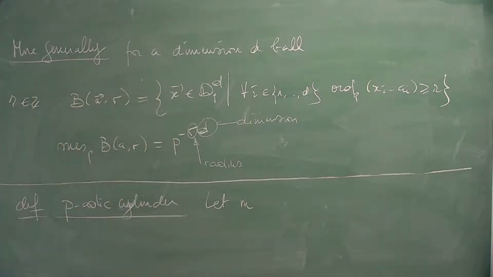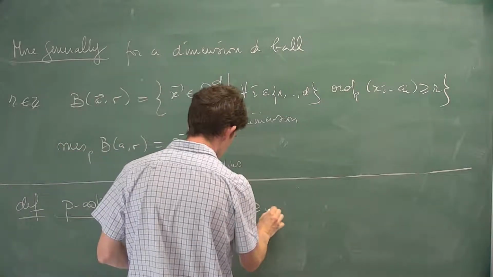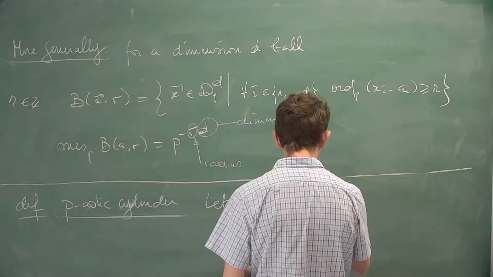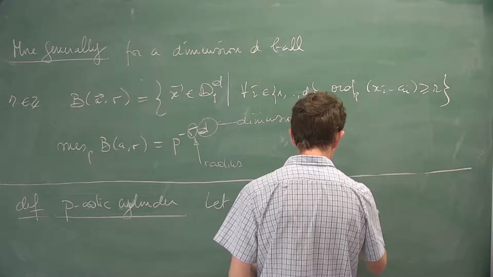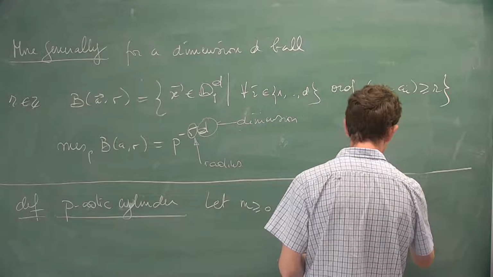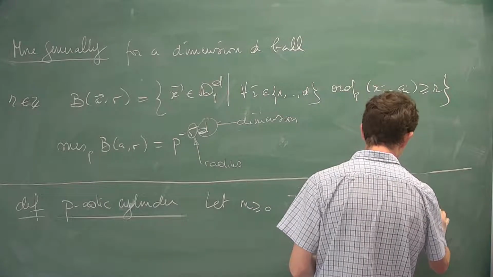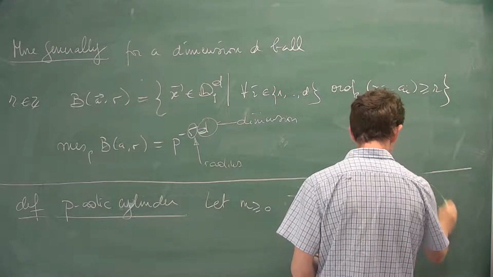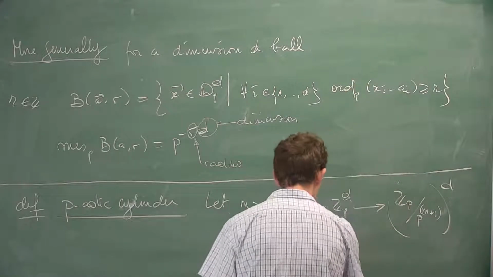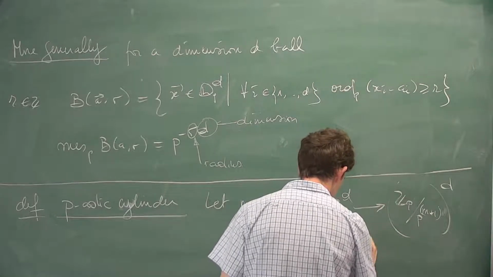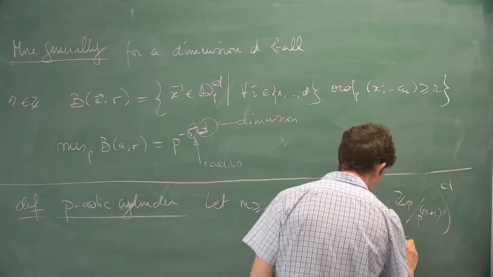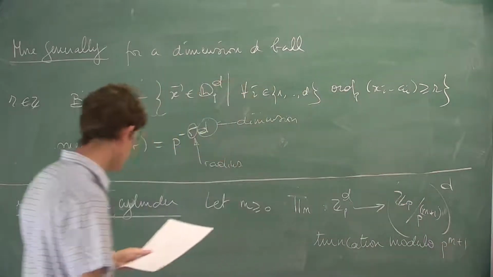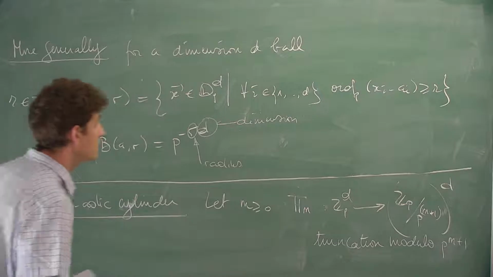You take an integer m, and you denote by pi_m the truncation modulo p^{m+1}. And now you consider a part.